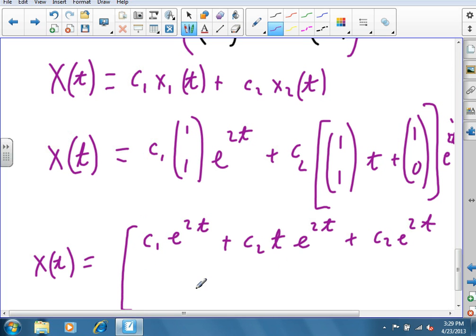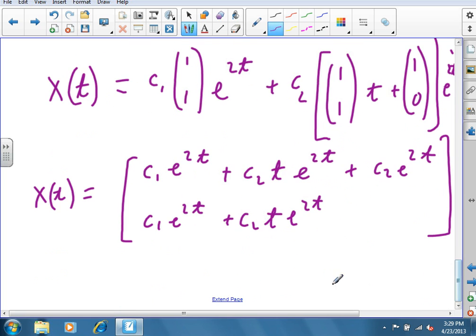And I have two separate solutions. So the other solution would be C1 e to the 2t plus C2 t e to the 2t. And that guy goes away. So that would be my final answer to number 2.